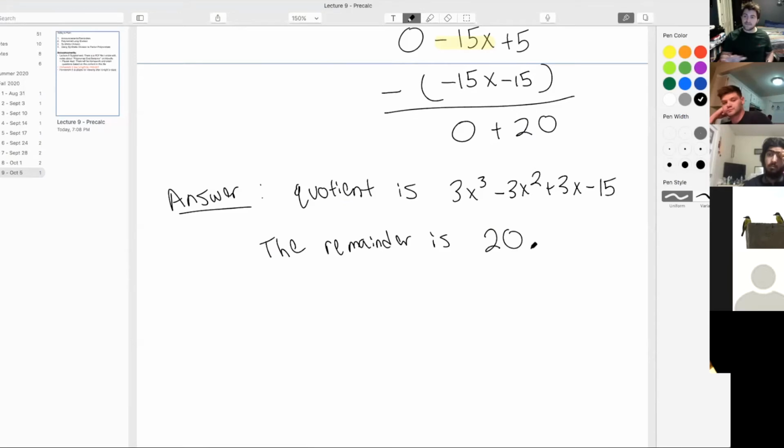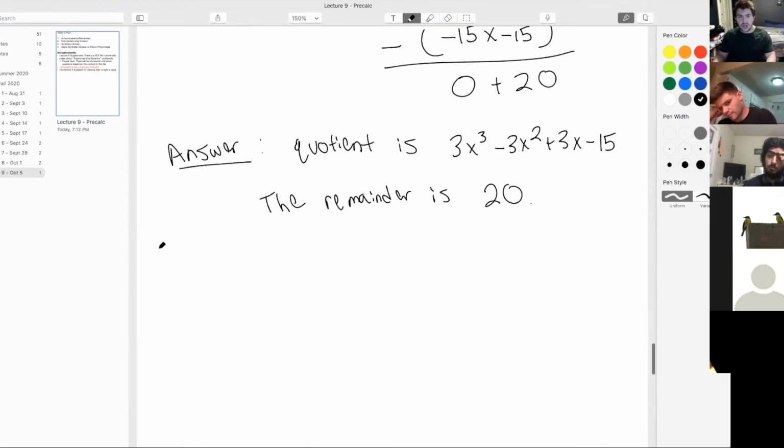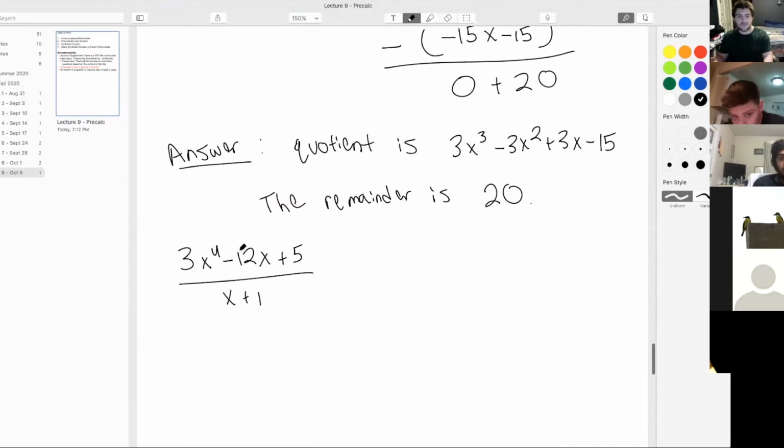This is definitely a legitimate final answer. But I also just like to emphasize what we have achieved in the process. We have rewritten our fraction as such. Remember the thing we did, 3x to the 4th minus 12x plus 5 divided by x plus 1.